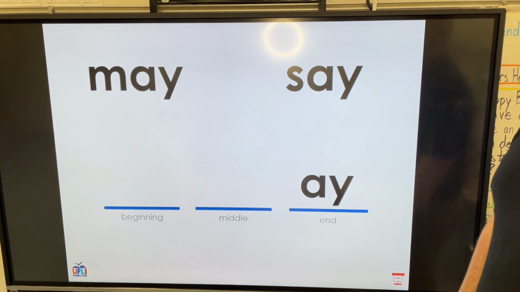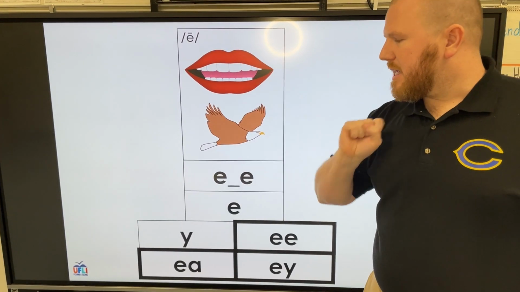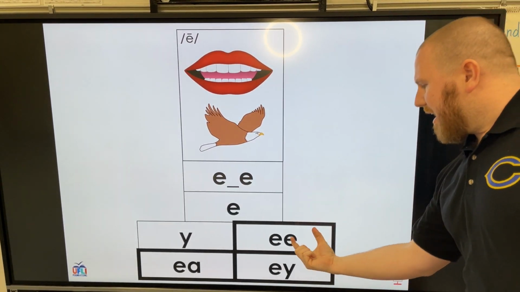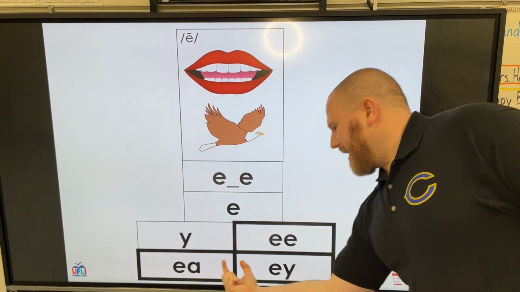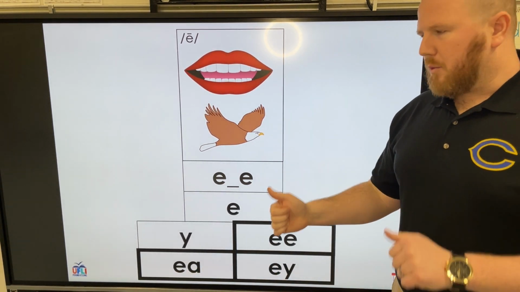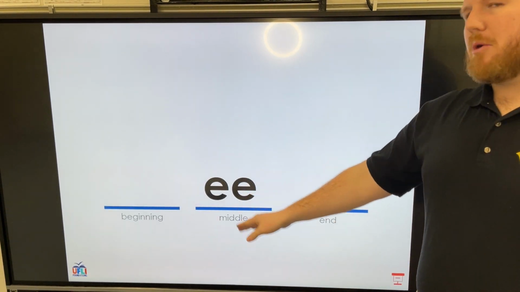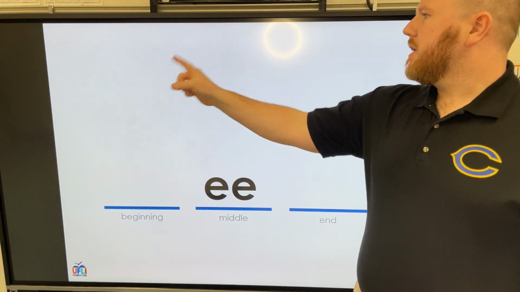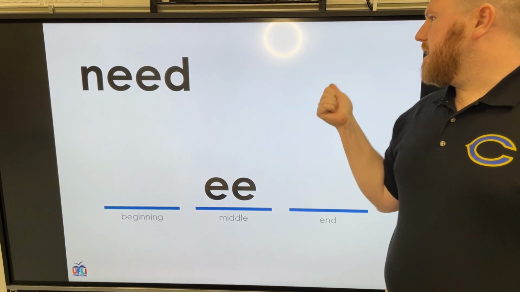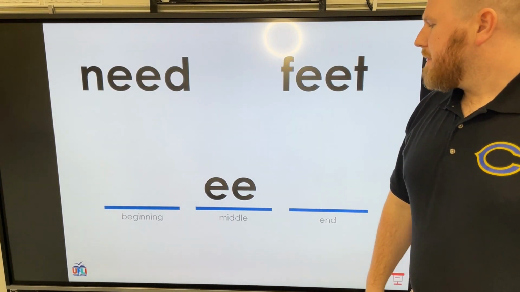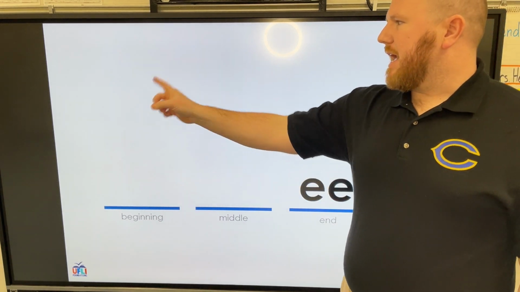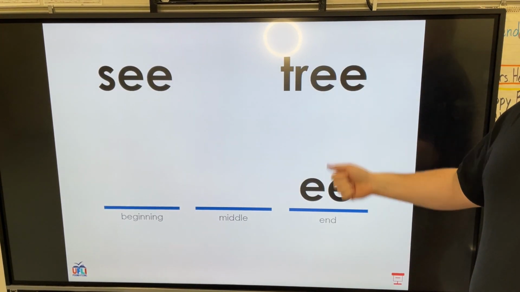Awesome. Moving on. Let's look at our long E's. So we have EE, EA, EY. Let's look at where they're at. EE you're mostly going to find in the middle, like need and feet. You'll also find it at the end, like see and tree.